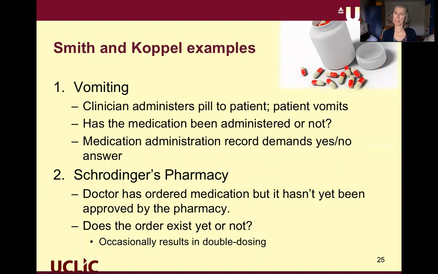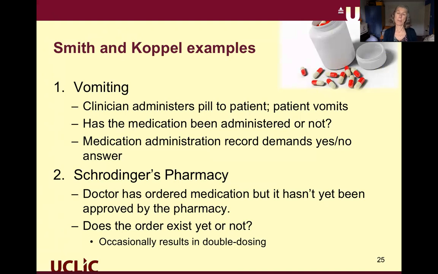My last example, slightly distasteful perhaps, but really important in the medical world, is taken from the paper that I've already talked about by Smith and Koppel. And I mentioned that they had 45 examples, and I've literally just picked the first two from their paper.